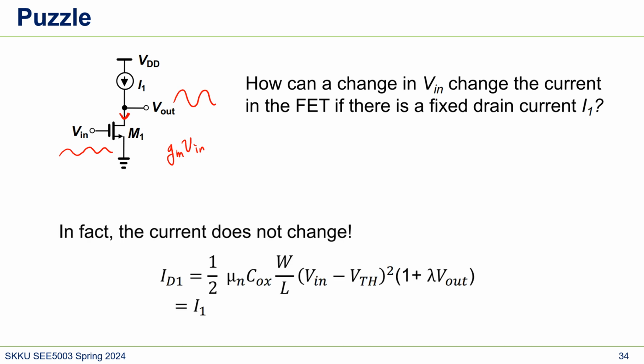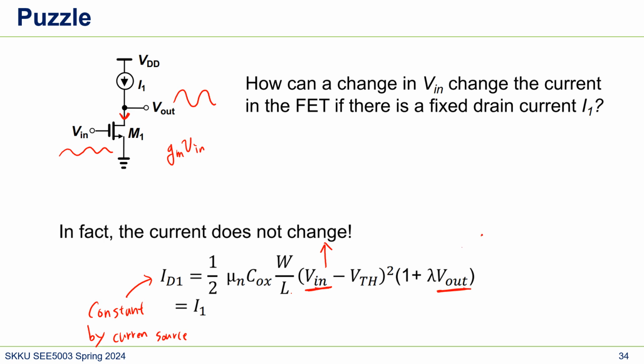So actually, the way it works is that the current is not changing. That's true, but VDS is changing. So when we see the current equation, if we change Vin, let's say we increase Vin, but the current is held constant by the current source, then Vout must change.